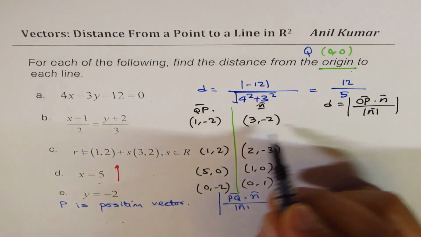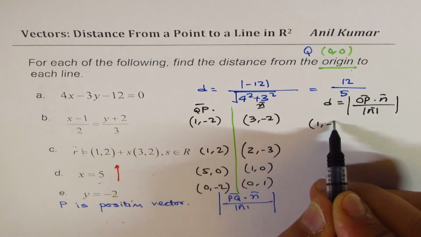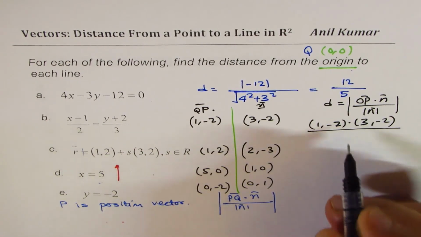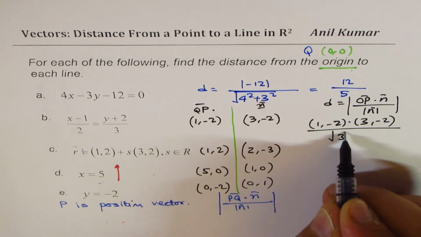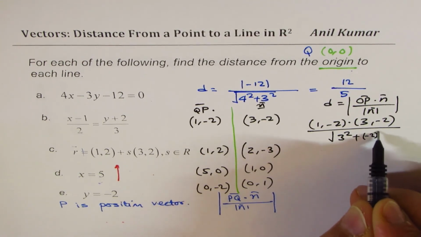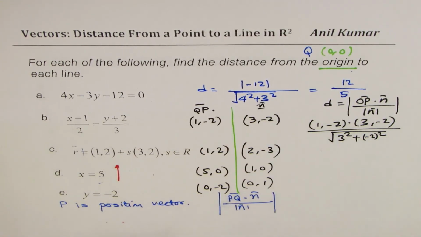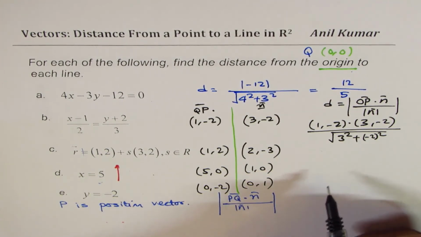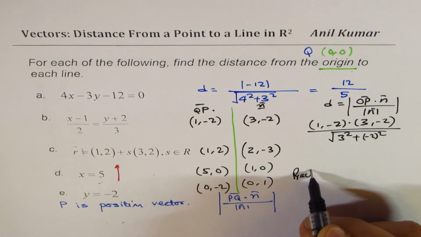So you can do the dot product between these two, which is (1, -2) dot (3, -2) over square root of 3 square plus (-2) square, correct? So likewise, you can complete and find the other results, correct? So I hope you could complete this and do it as practice. So this is your practice test.